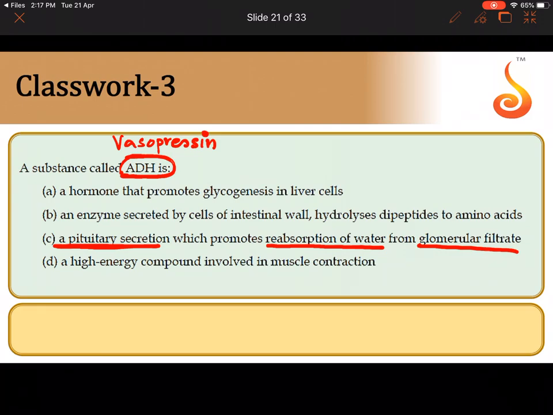Now where does this vasopressin mostly act? The vasopressin mostly acts on the collecting duct of the nephron. You all have learned the structure of the nephron. Principally, it acts on the collecting duct, and it stimulates the collecting duct to take back water from the urine, and thus concentrating the urine. So remember, it helps in reabsorption of water.